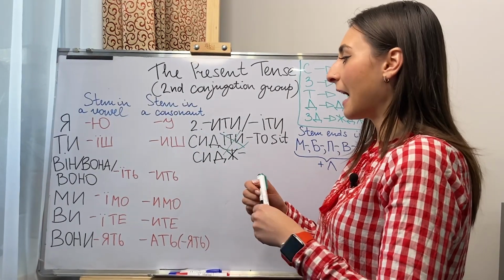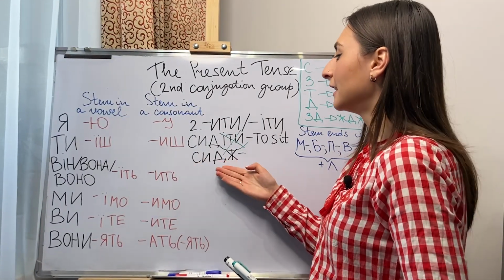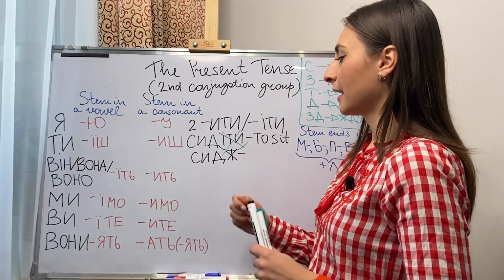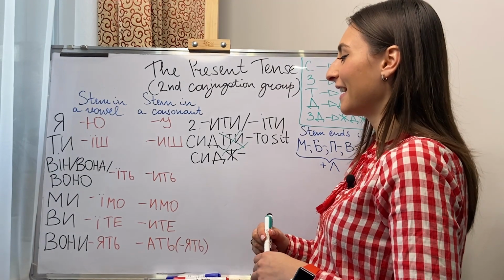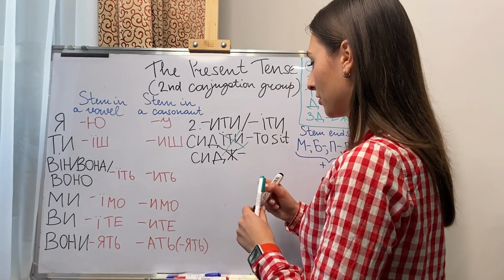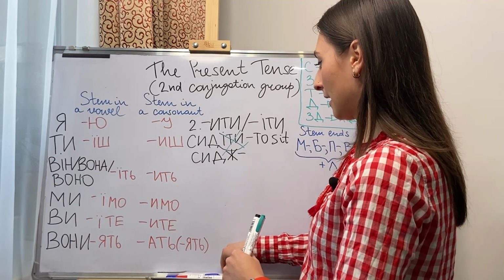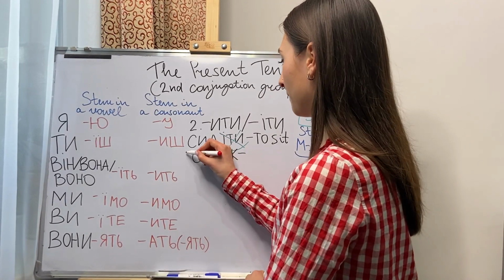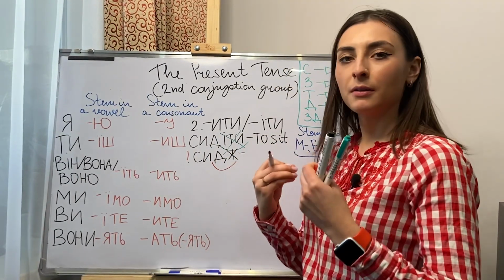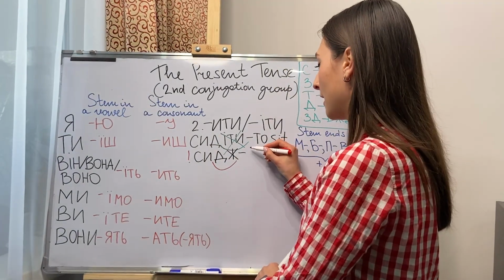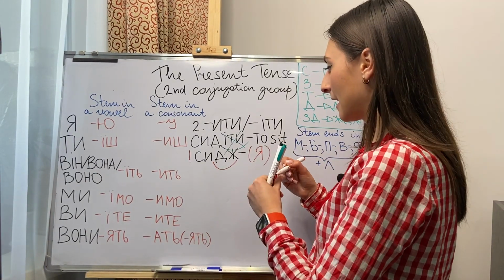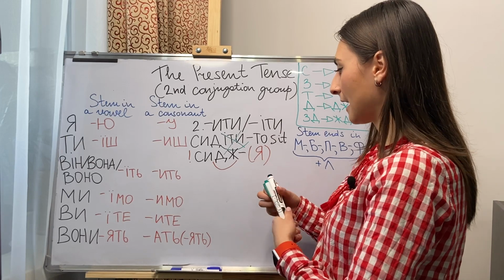So when you would say I sit, you say я сиджу. Pay attention, guys, this is for the first person. So only for я you say it.